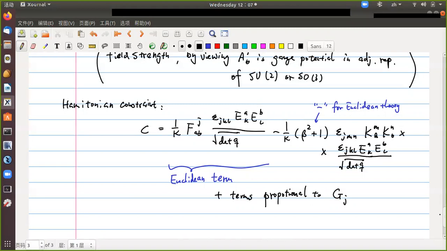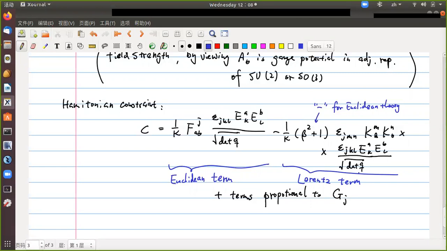But then Barbero introduced his real Ashtekar-Barbero connection using real beta. It turns out that using the real variable, although you get some additional term in the Hamiltonian constraint, and the second term is called the Lorentz term, by the way, classically you get a little bit of complication, but quantum mechanically you can still manage to quantize this term.